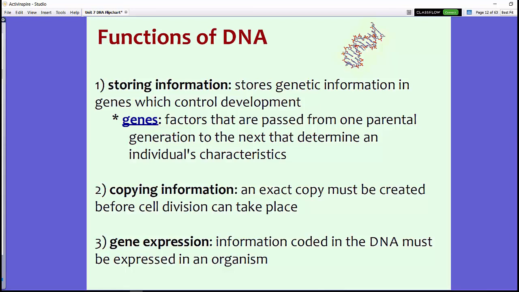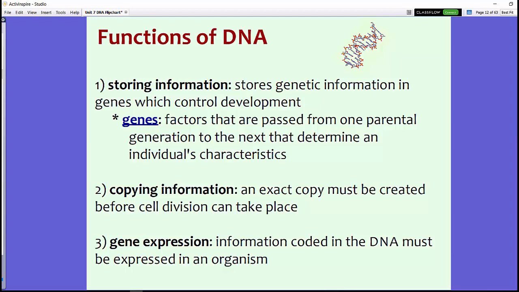Another function of DNA is to copy information. An exact copy must be created before cell division can take place, and we talked about this when we talked about mitosis. It's very important for each cell in an organism to have exactly the same copy of DNA.